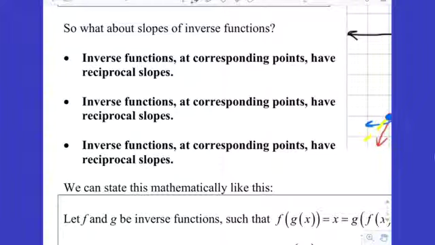And bullet point number three, what type of functions have reciprocal slopes at corresponding points? Inverse functions. Yeah. They're all the same, but they're super duper important. We say this 3 times and you're like, I got it. And then we go forward a couple of weeks and I throw you a problem like this and you're like, I forgot. Okay.